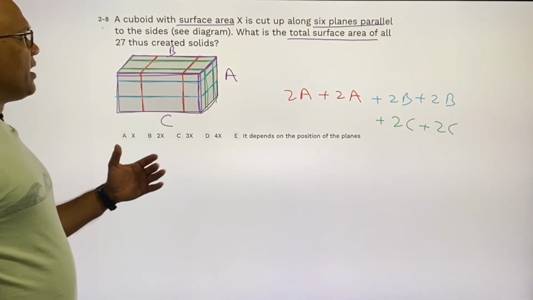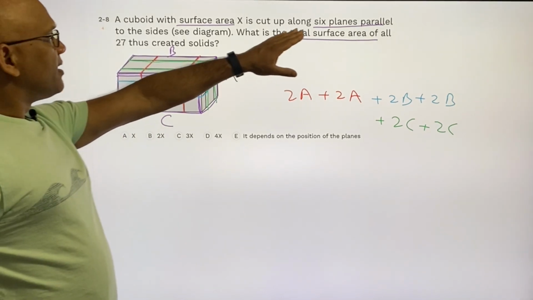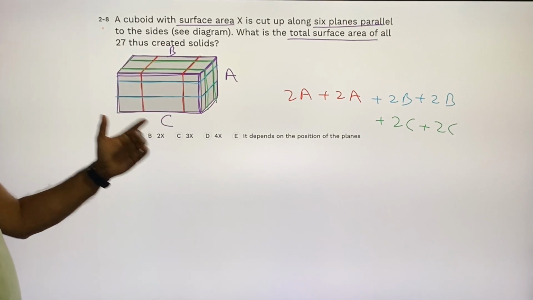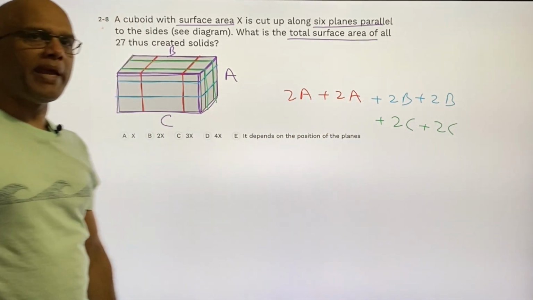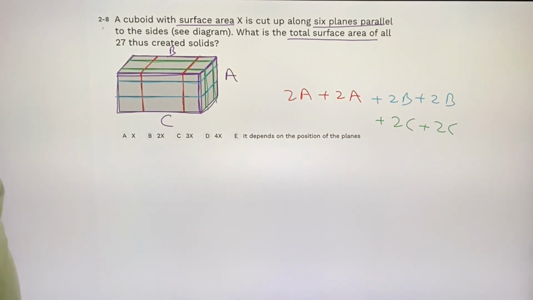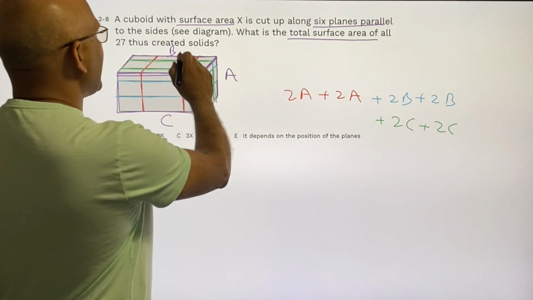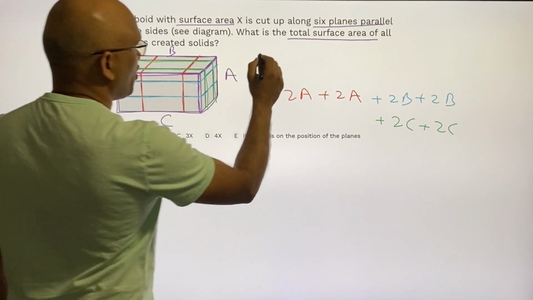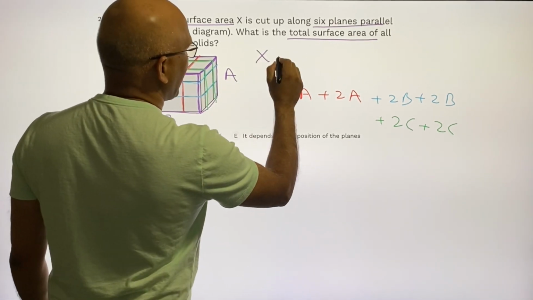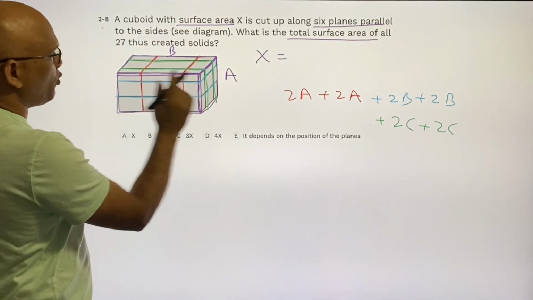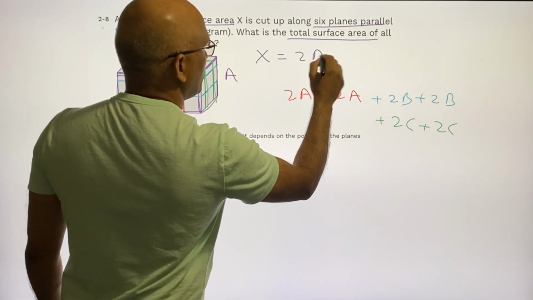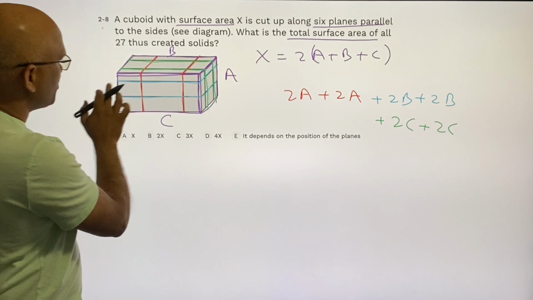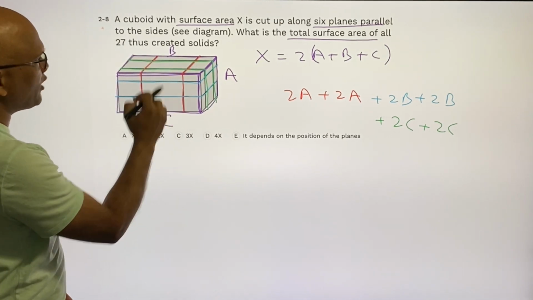So if I make this cut along 6 planes parallel to the sides, these are the areas that are going to be exposed. These are the extra areas. The original area is X. Let me change the color again. The original area X is equal to 2 A's plus 2 B's plus 2 C's.